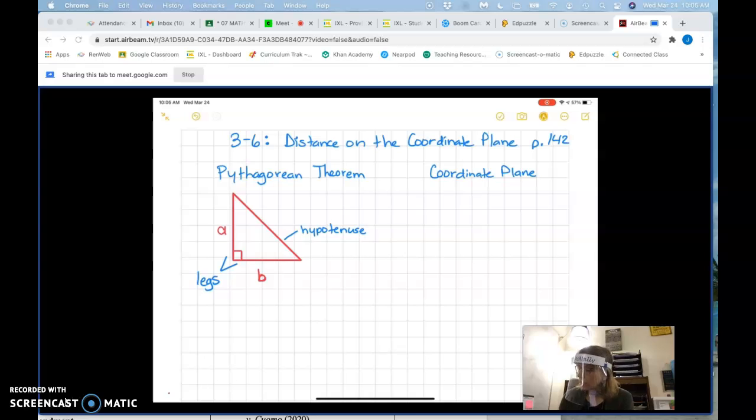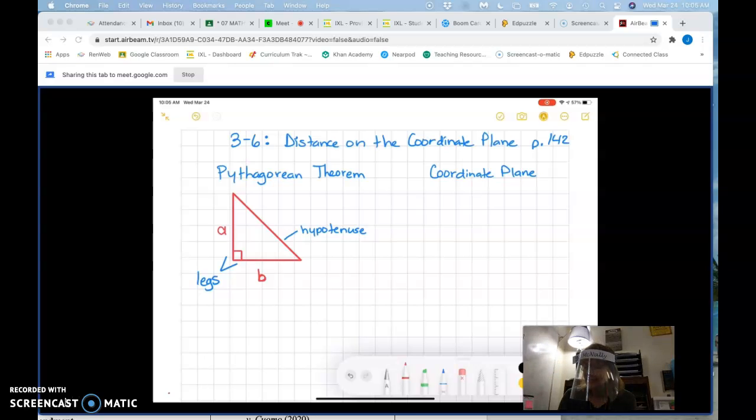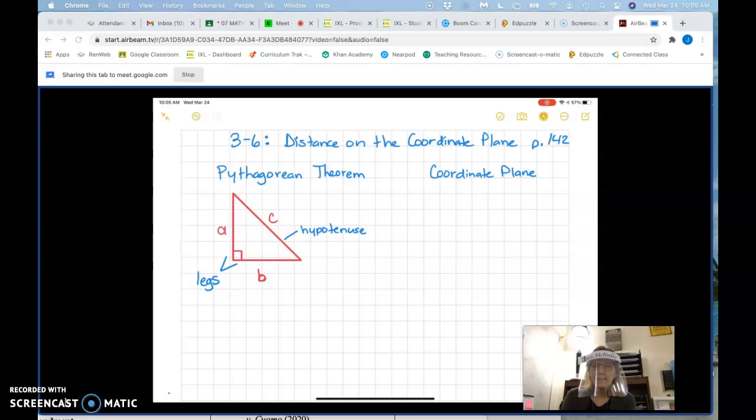And what letter do we use for hypotenuse? Anybody remember? C. Remember ABC?